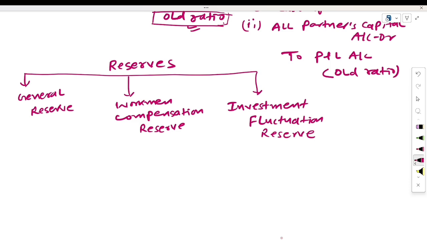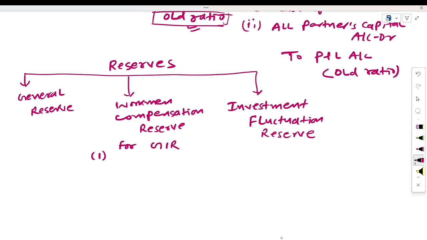If it is given before the reconstitution of the partnership firm, then what treatment will we do? This type of reserve will be distributed among the partners in the old profit sharing ratio. What entry will you pass here?